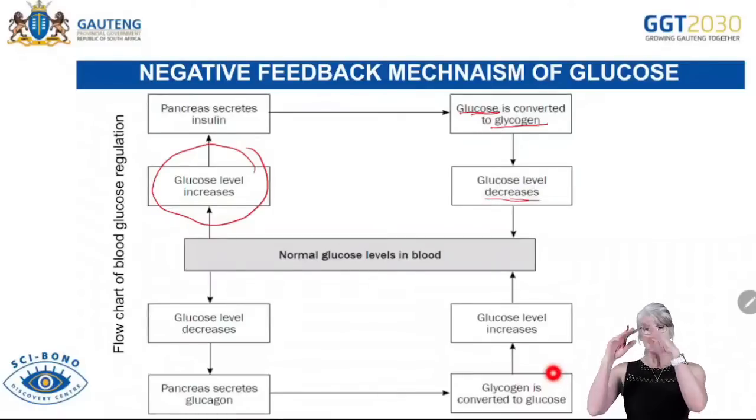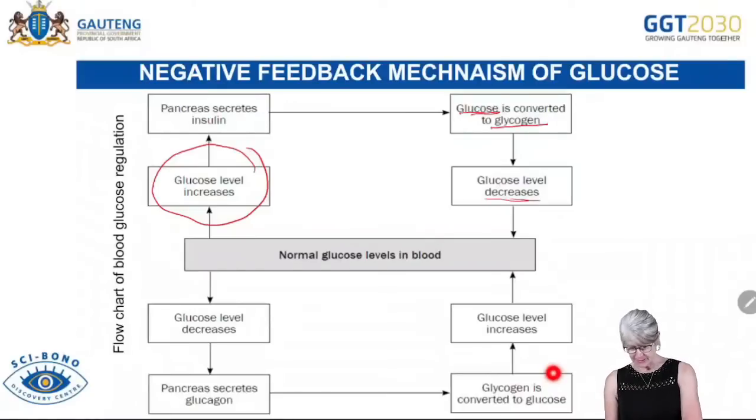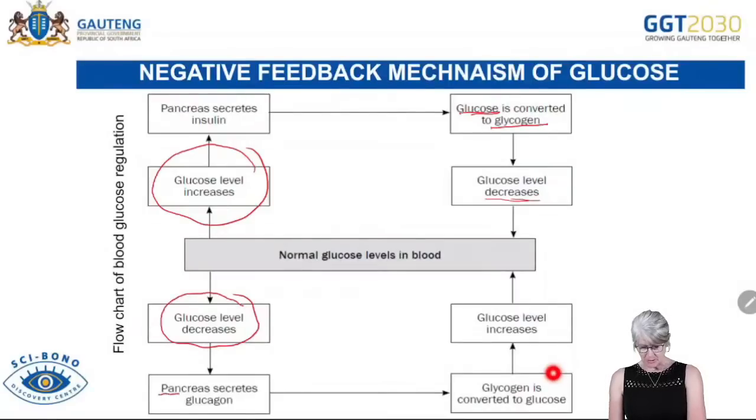But now my blood glucose goes too low. Okay, so now that's the opposite. So we see the glucose levels decrease. That information gets back to the pancreas, and the pancreas is now going to stop secreting insulin, and it's going to secrete glucagon. Actually, glucagon inhibits the secretion of insulin. So glucagon is the second hormone, and what glucagon does is it stimulates the conversion of glycogen back to glucose.